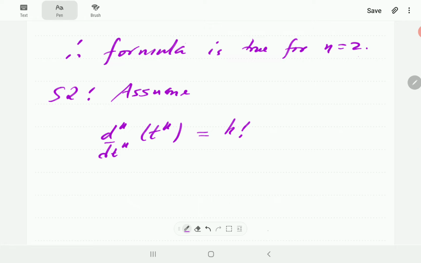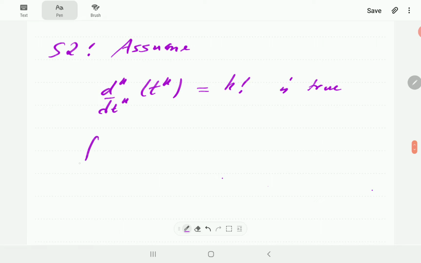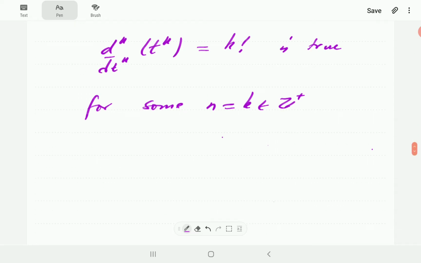So assume this is true for some value of n equal to k, where of course k is a positive integer as well.